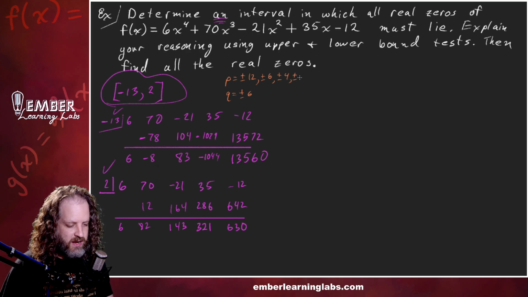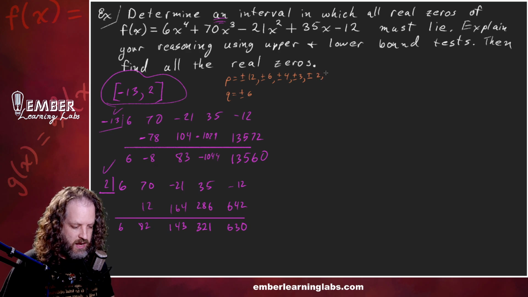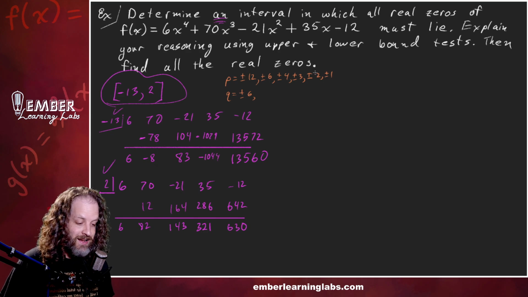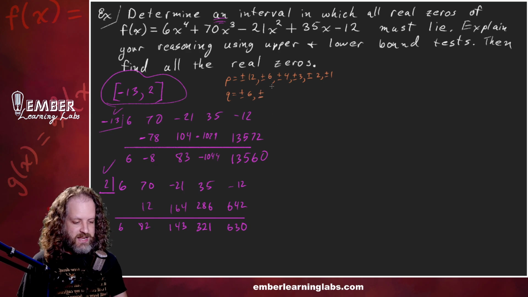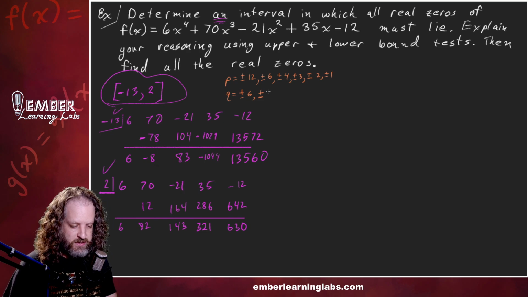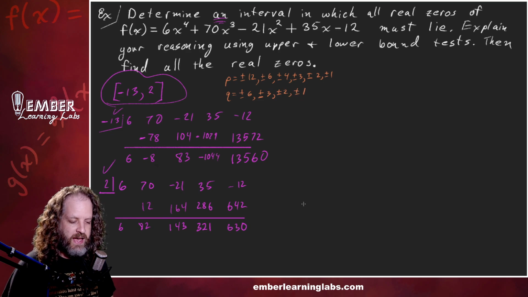And 3 and 2 and, of course, 1, right? What about 6? 6 is going to be a lot of the same ones, which is going to be nice because we're going to have some duplicates. We'll make our list, so we're not going to have to list everything. Plus or minus 6, plus or minus 3, plus or minus 2, plus or minus 1, and that's it.